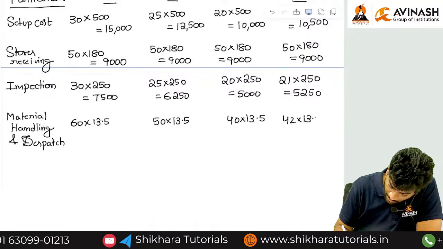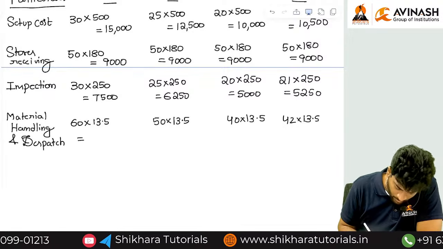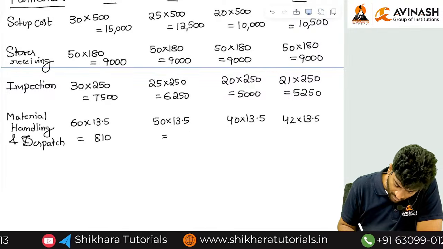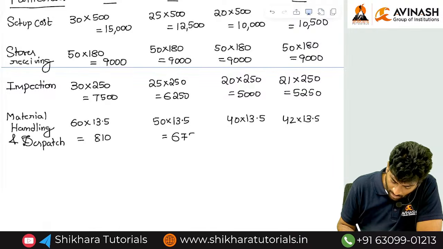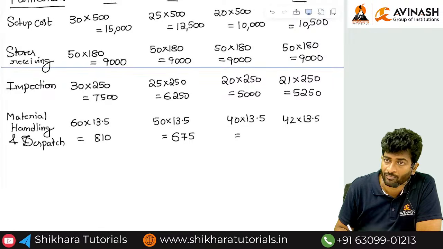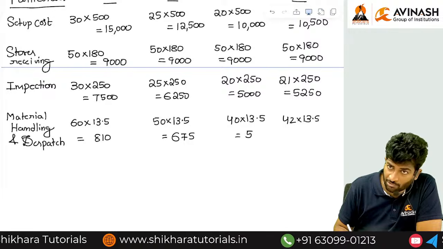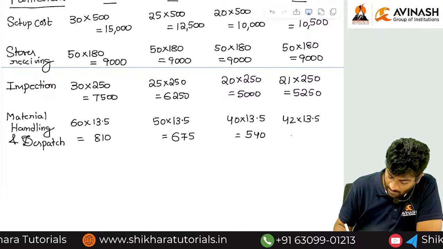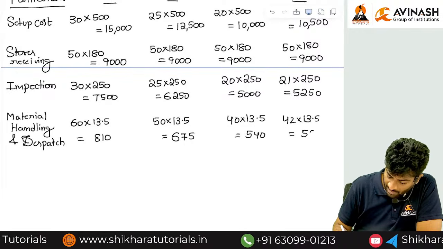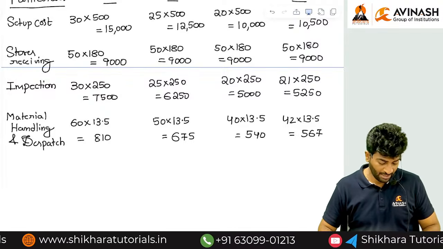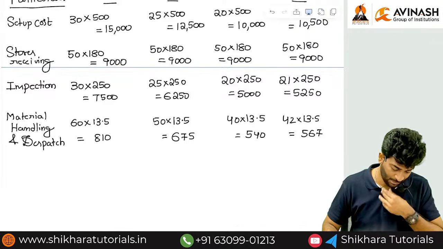Multiply and tell me the number. 810, first one. 670. Very good. 540. This one 540. Sir? 567. So we have setup cost, stores receiving, inspection, and material handling and dispatch.